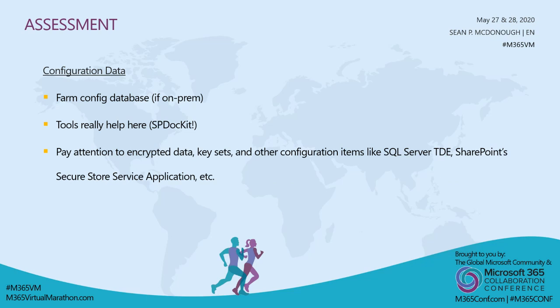Configuration data is the first type of data. There are two types of data I generally say that we need to track. Configuration data is the first type, and this is data that is used in the sense of, obviously, configuration, but tends to reside in things like the farm configuration database.